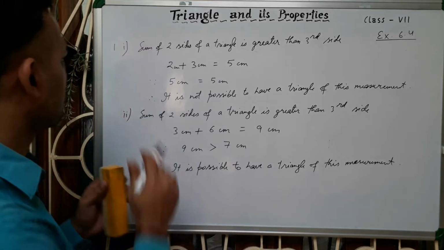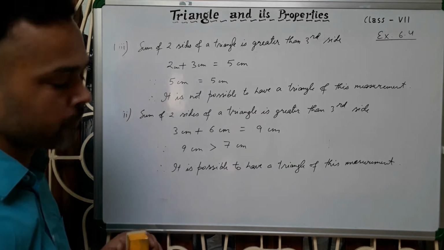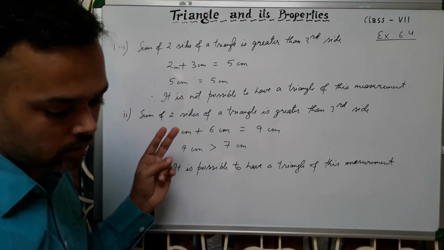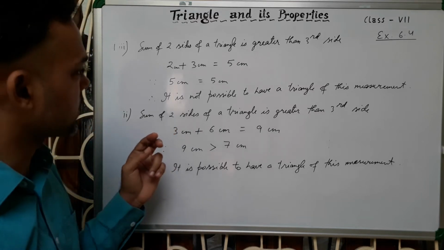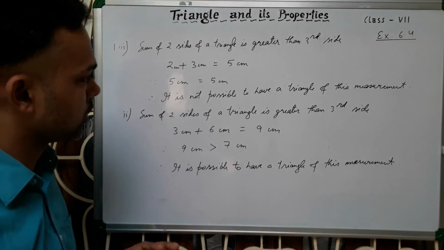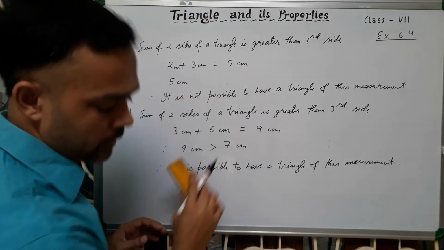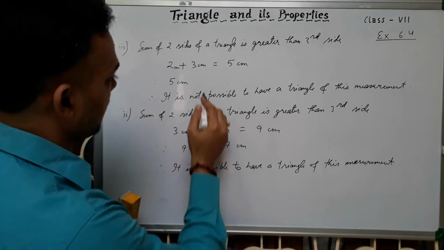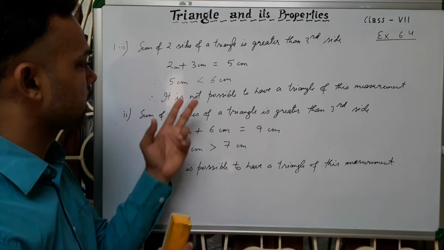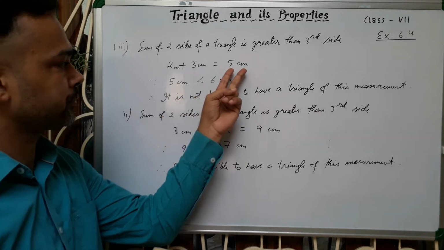The shortest side is 2 centimeter and after that it is 3 centimeter, which add up to 5 centimeter. Now since 5 centimeter is less than 6 centimeter, whereas it has to be greater.